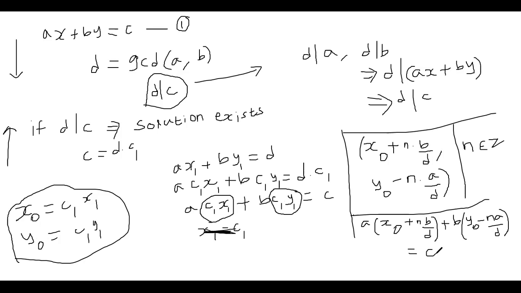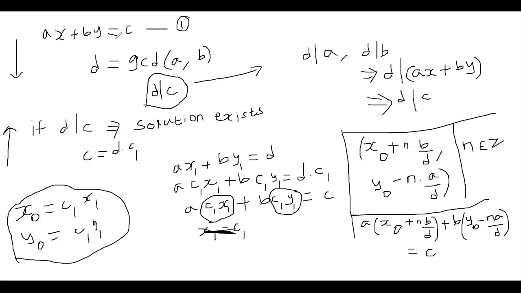So we know how to solve a linear Diophantine equation, and we do know when a solution exists because we just proved that if a solution exists, the GCD of a and b must divide the right hand side c. If the GCD divides the right hand side c, we also know a solution must exist for the equation number 1.